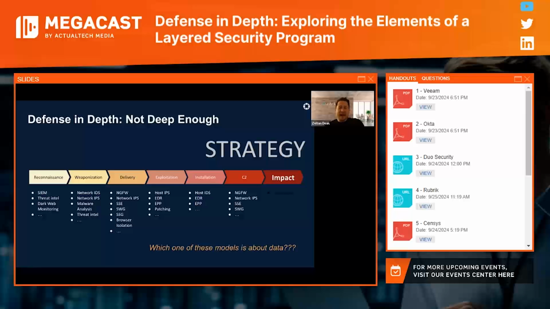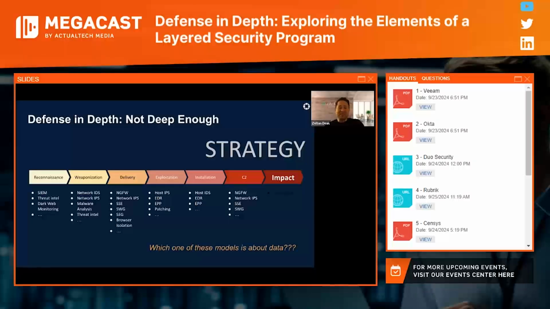The idea behind defense in depth was breaking down a cyber attack into different phases and finding a means to disrupt every single phase of those attacks. So security organizations have a lot of great tools at their disposal now across the entire kill chain: across reconnaissance, weaponization, delivery, exploitation, installation, and command and control.